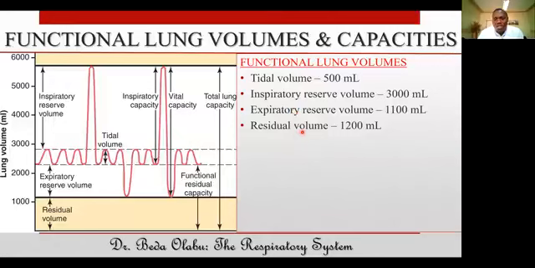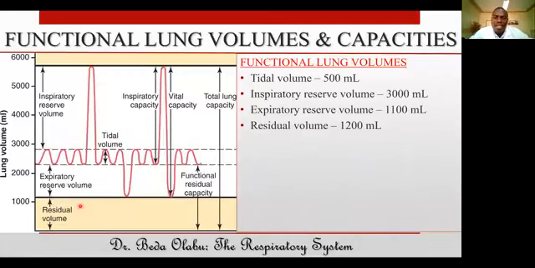The last volume I want to talk about is the residual volume. The residual volume is the volume of air that remains within the lungs after maximal forceful expiration.